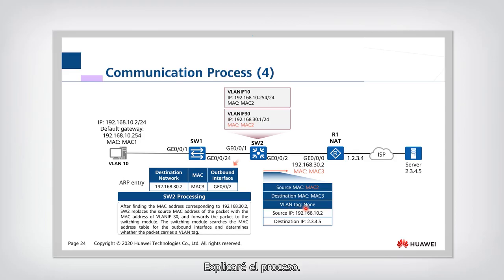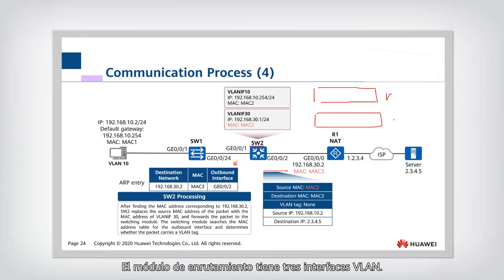Let's analyze the process. Actually here, switch 2 has two modules, right? Here is the routing module, and here is the switch module. In the routing module, they have three VLAN interfaces. And in this switch module, they have two interfaces.